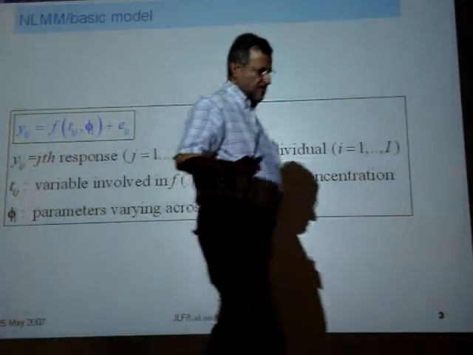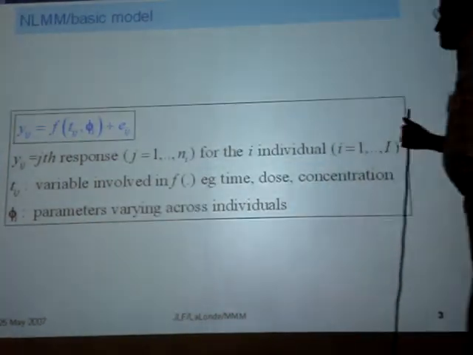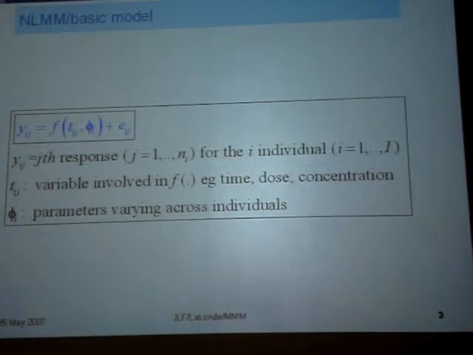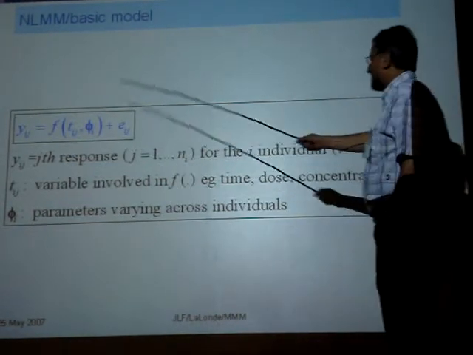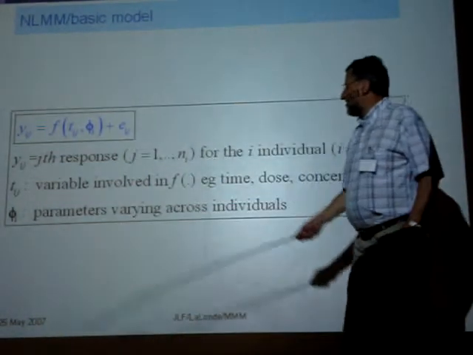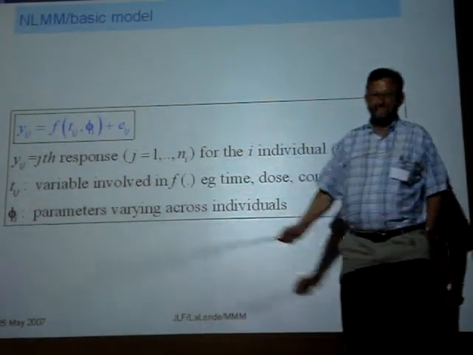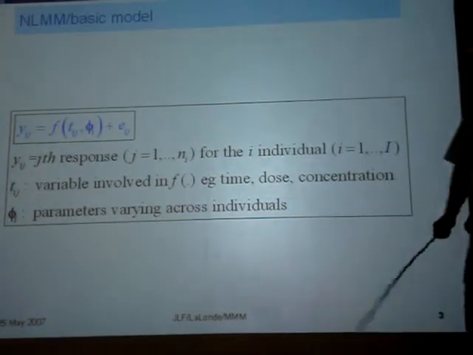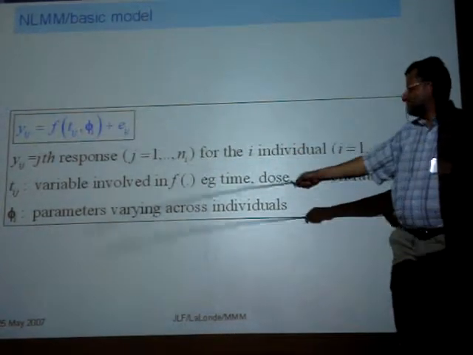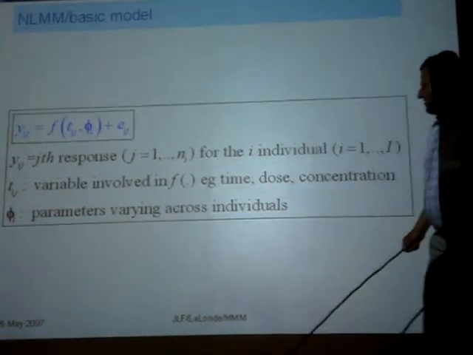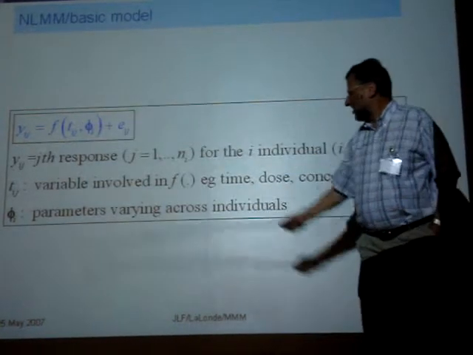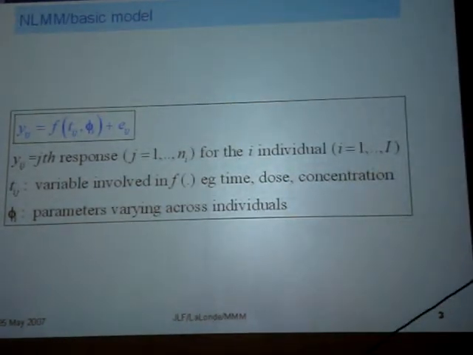So, the classical way to write the nonlinear mixed model is as follows. Write that the response for individual i and measurement j is equal to a function of some variable tij. tij can be, for instance, time.